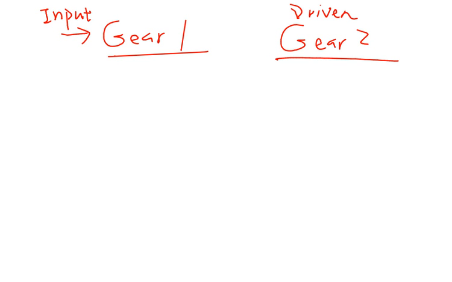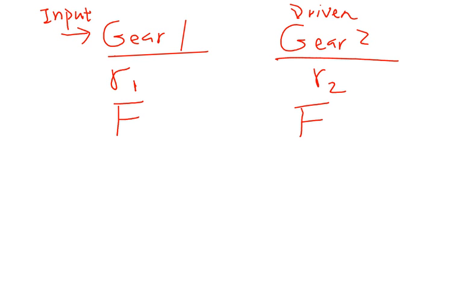You have an input gear and a driven gear. Gear 1 has radius R1. Gear 2 has radius R2. The force on gear 1 is F. The force on gear 2 is the same, it's equal to F.